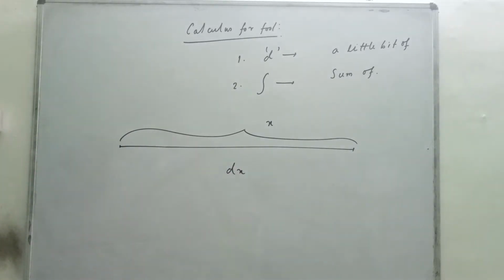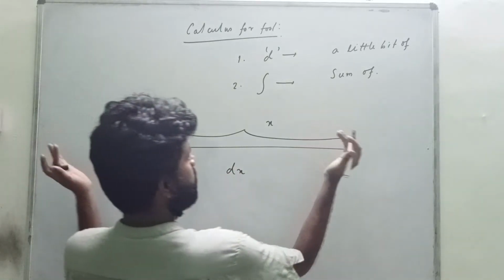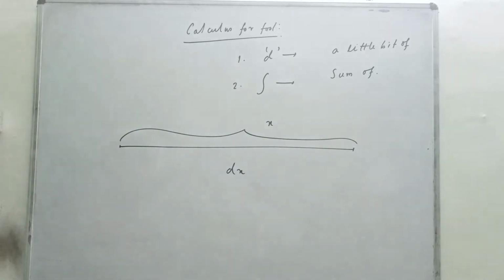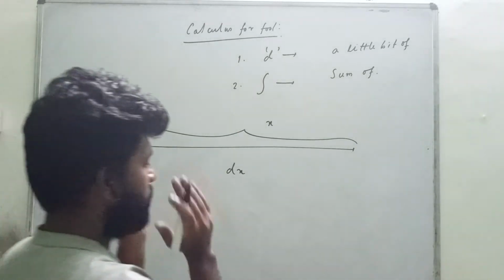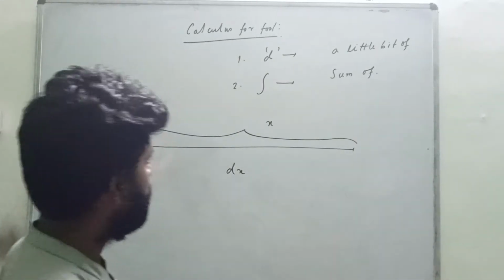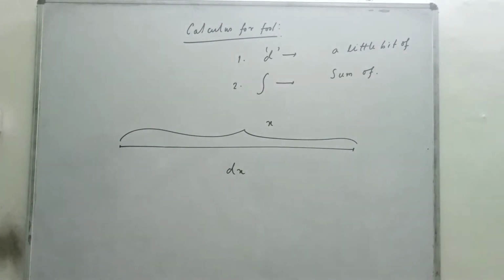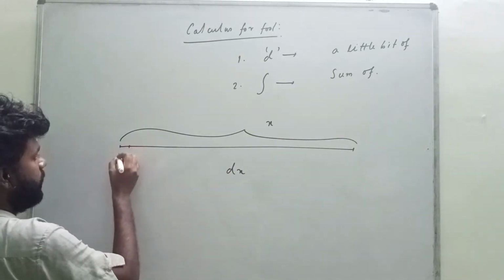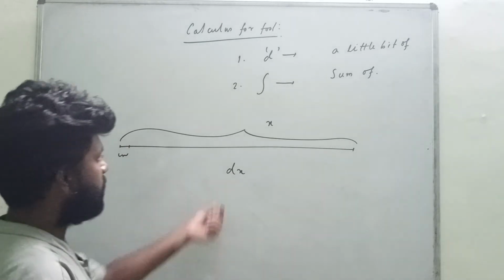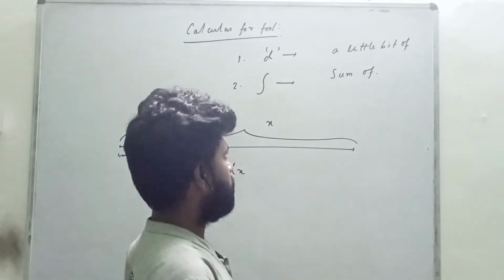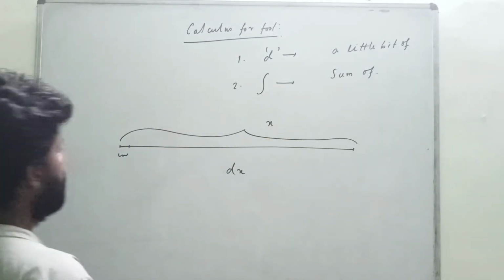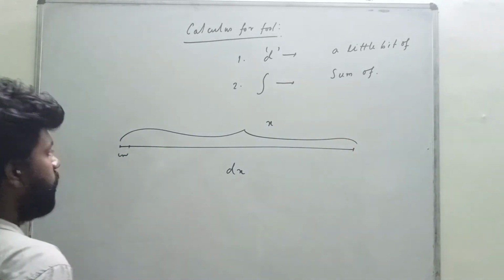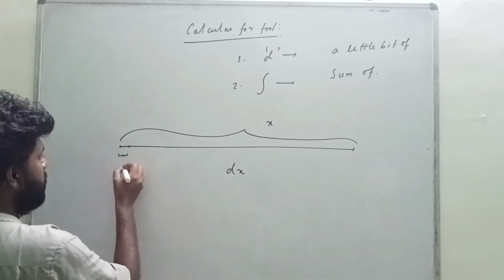That means if you cut this big straight line piece by piece, one of these very small pieces is called dx.